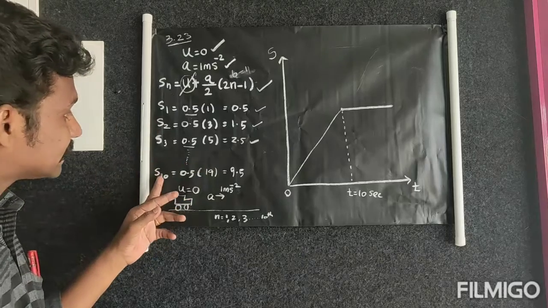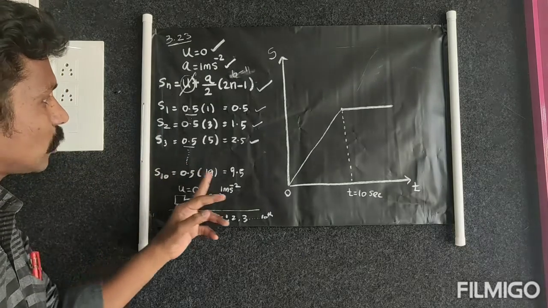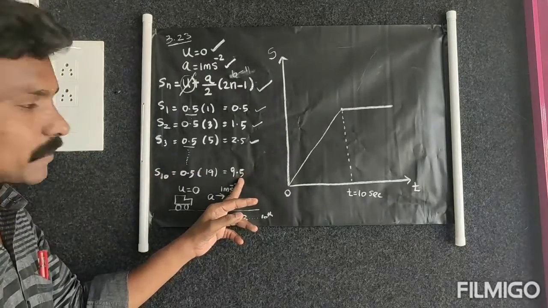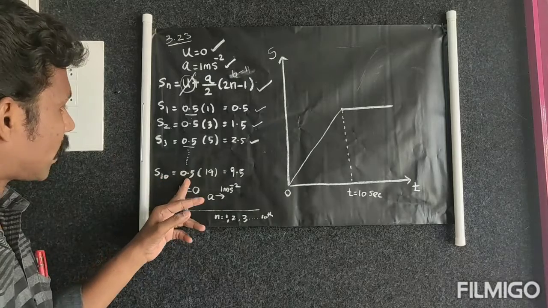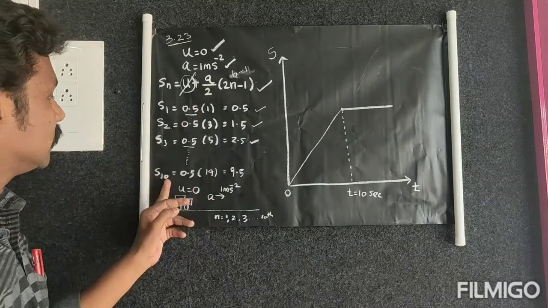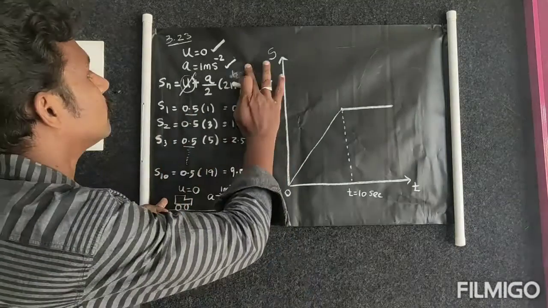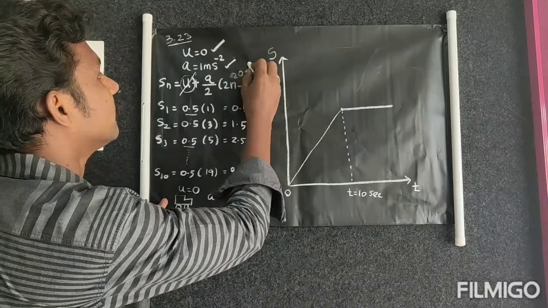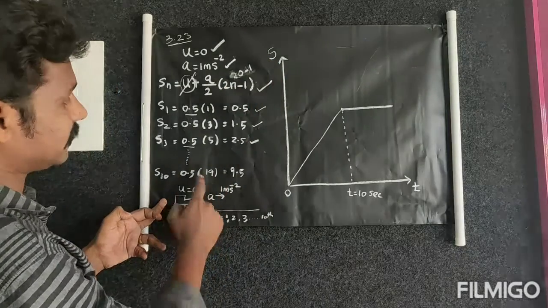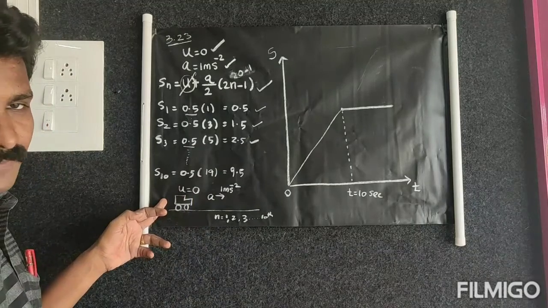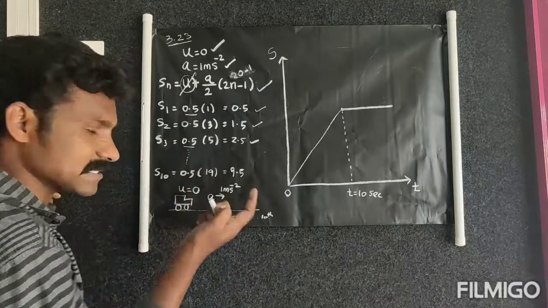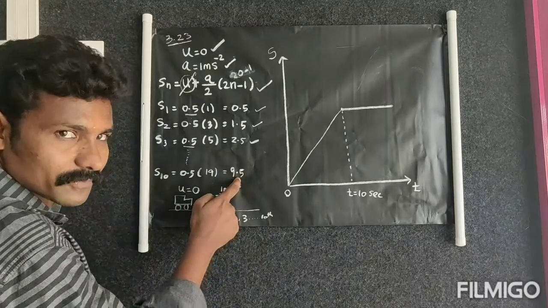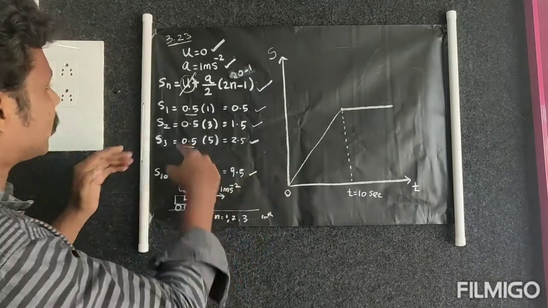In the 10th second, how much will come? 2 into 10 is 20, 20 minus 1 is 19, 19 into 0.5 is 9.5.